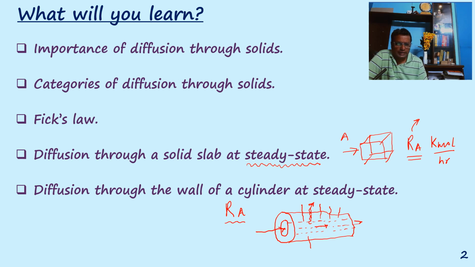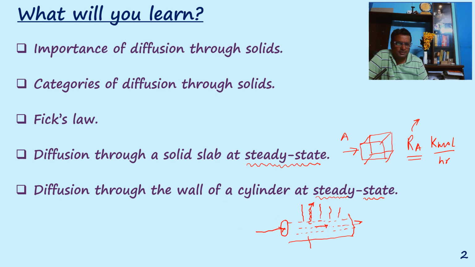In short, through this discussion, we will be getting an equation for calculating the rate of loss of a component or rate of diffusion of a component through a wall of a cylinder or through a wall of a pipe. Again, we are going to do that discussion at steady state. That is, the rate that we will be getting will not change with time. It will remain constant with time. So this is the second case which I'll be discussing in this video.